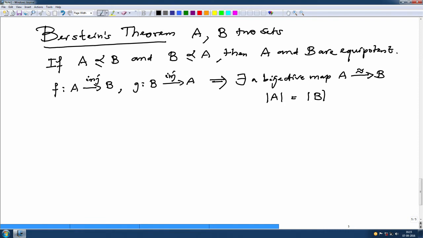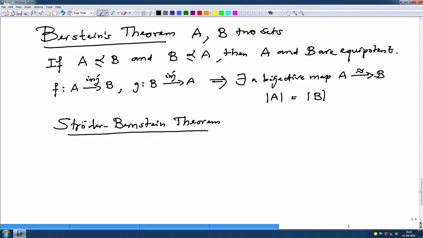This is a very important theorem of Bernstein. Some books call it the Schroeder-Bernstein theorem, or Bernstein's equivalence theorem.